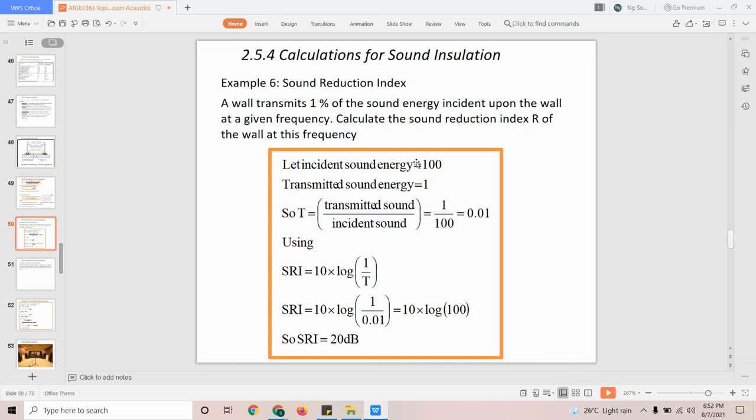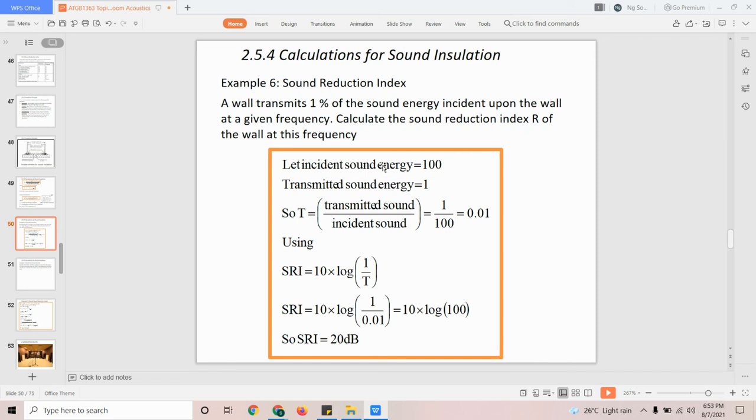You assume the incident sound energy is 100, and you let it be 1%, or just give it 1, based on the question. So you can work out that T equals 0.01, which is 1% of the sound energy. Then if you work out the formula, the SRI is 20 dB.